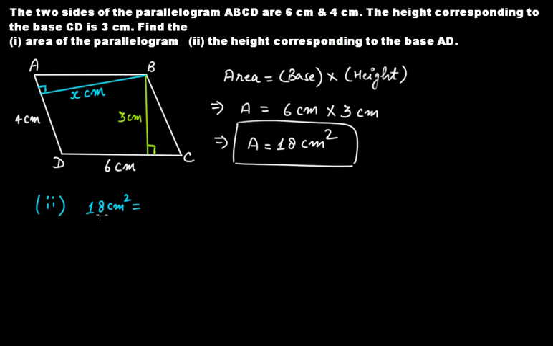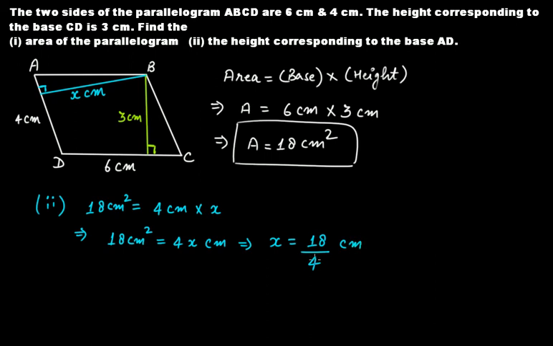So if 18 centimeters square is the area, and in this case if we consider this as a base, so base is what? 4 centimeter, and we don't know the length of the height, so this becomes x. This is 18 centimeters square is equal to 4x centimeter, and if you solve this you get x is equal to 18 over 4 centimeter.